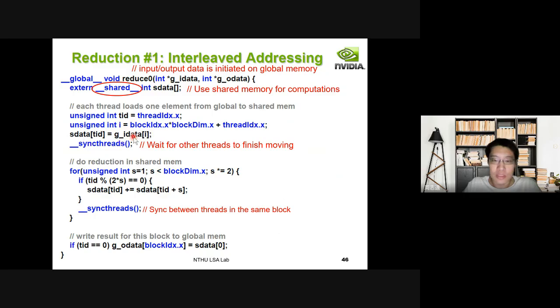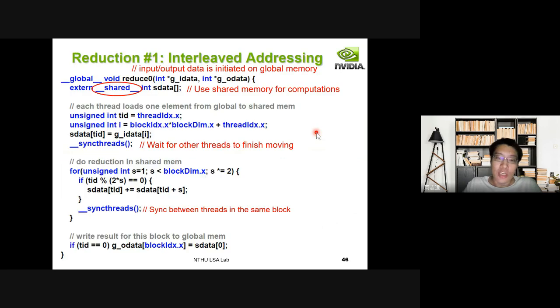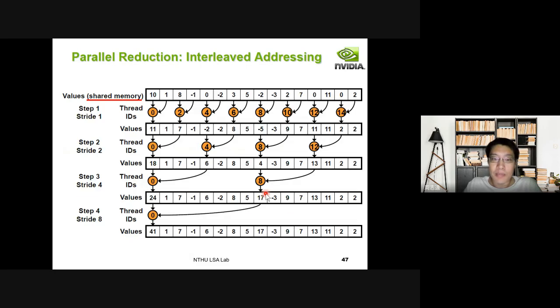We have seen this many times. After you move it to shared memory within a block, the iterations can access the shared memory instead of the global memory, so you can reduce the global memory access and improve the performance. So that is our baseline.